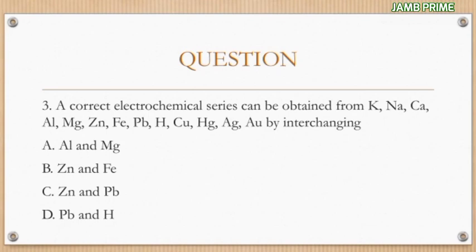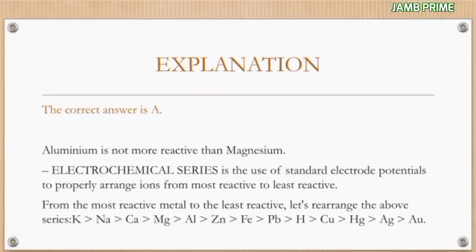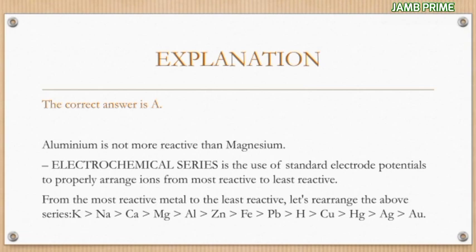So they are telling you to correct it. What are you going to interchange in order for this to be correct? Let's see how the electrochemical series lines up. Aluminium is more reactive than magnesium.